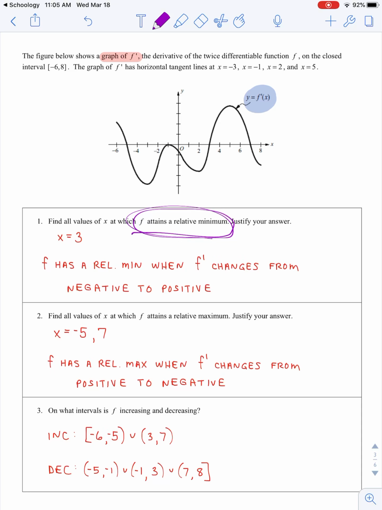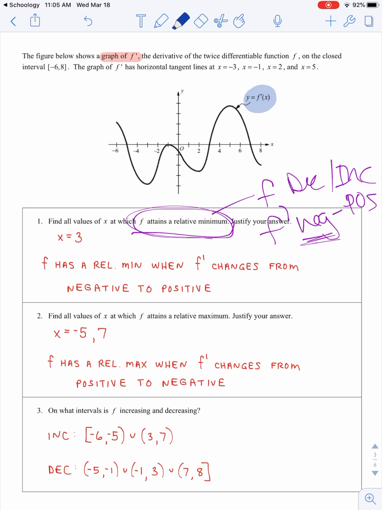The function has a minimum when the function changes from decreasing to increasing. Well, we don't know because this is not the graph of the function. So I need to think about when is the derivative changing from negative to positive. And again, negative means below the x-axis, positive means above the x-axis.